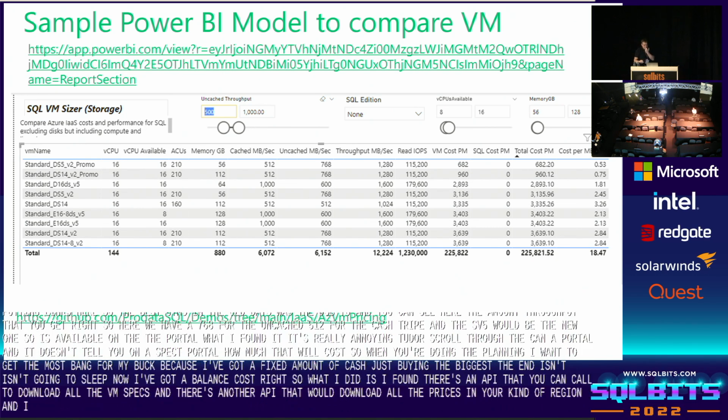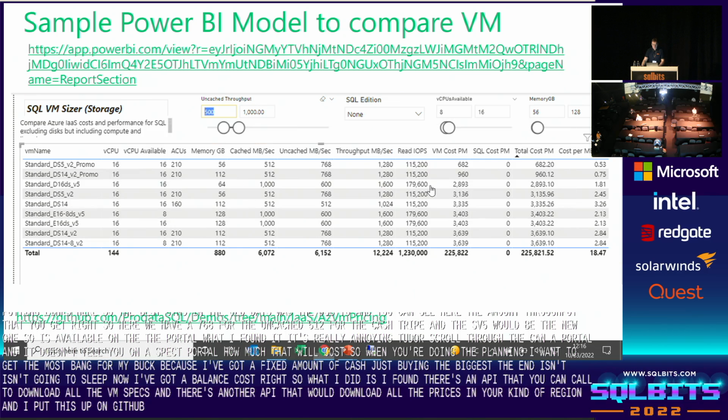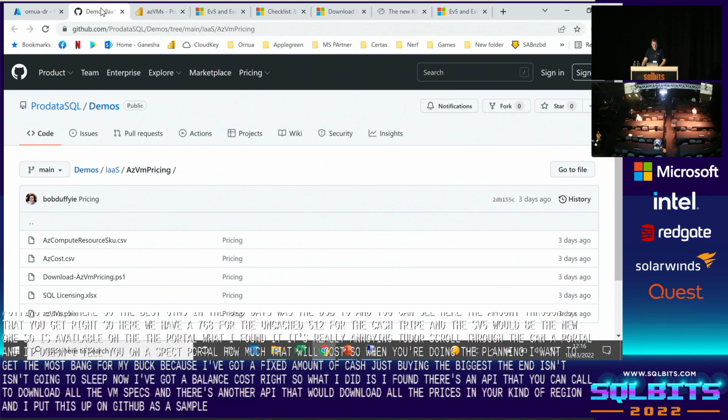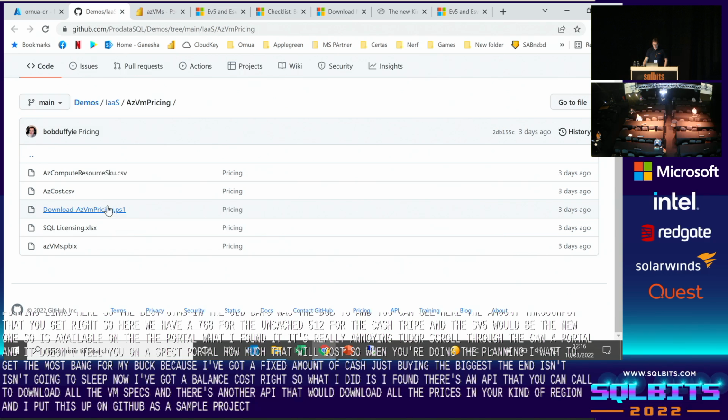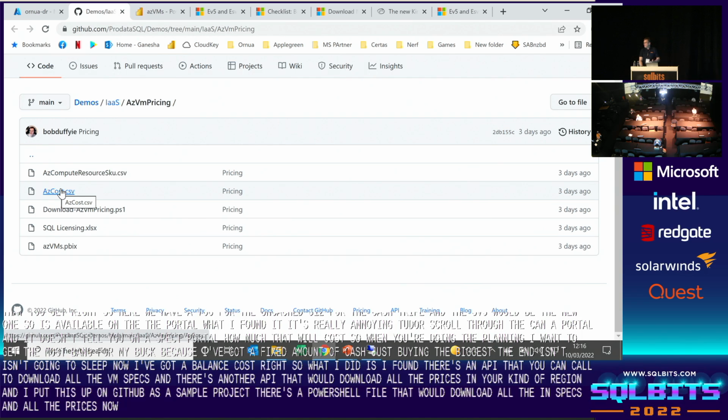And I put this up on GitHub as a sample project. There's a PowerShell file that will download all of the VM specs and all of the prices. Now, I did mine just for Euro, for the Dublin data center.